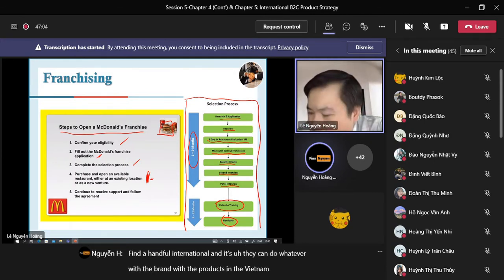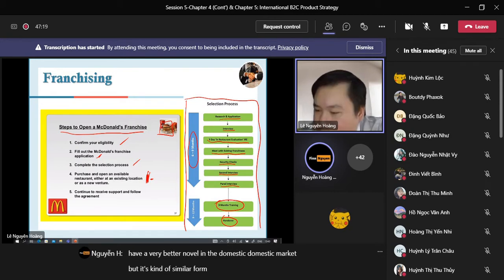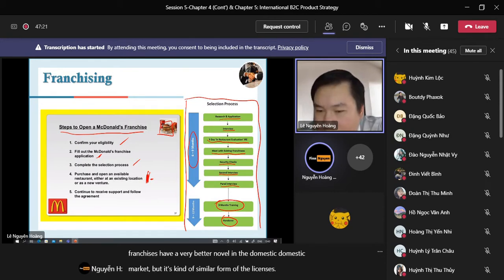So this is similar to franchising, because the franchisees know the domestic market better, but it's a similar form of licensing. So in this case, is it licensing or franchising?